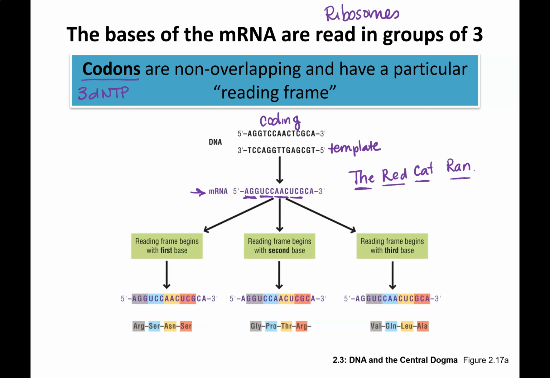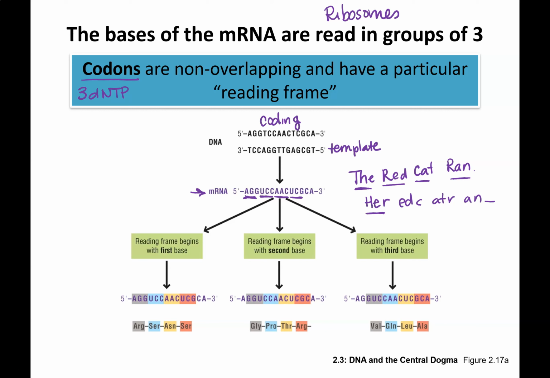But if we start in a different place, we have a different reading frame. So if we start at the second letter, we have a different reading frame. Now this one doesn't make any sense to us because we were using 3-letter words, but it makes a very different sentence. In our case, it doesn't actually mean anything except for the first word, which is her.